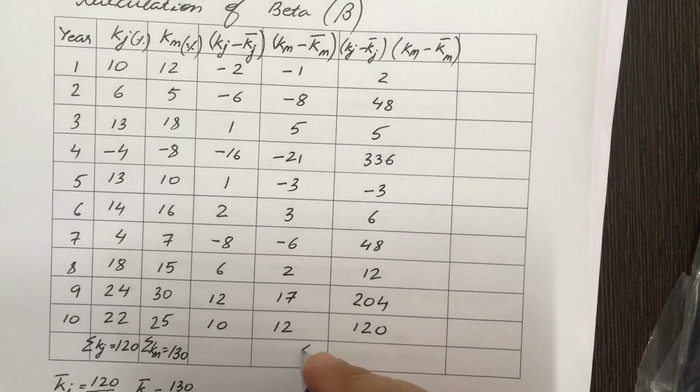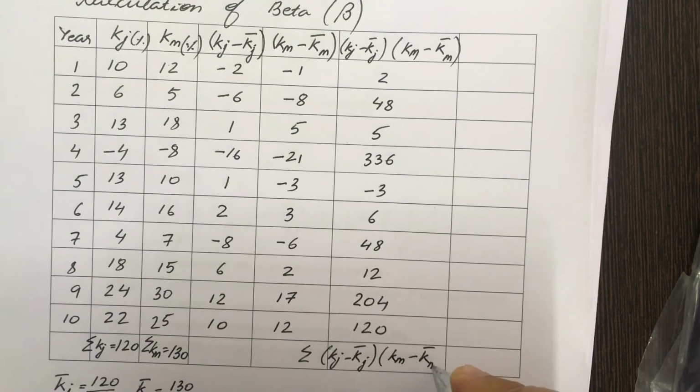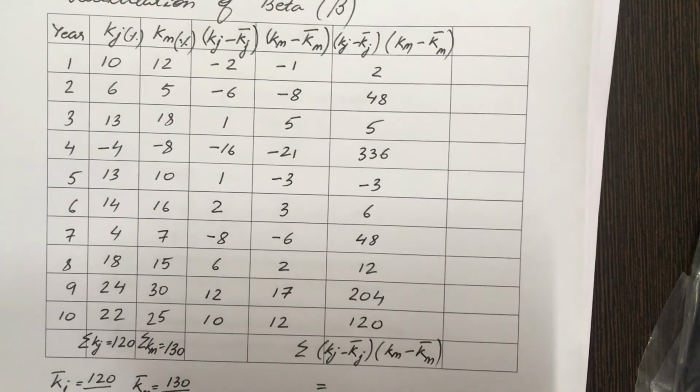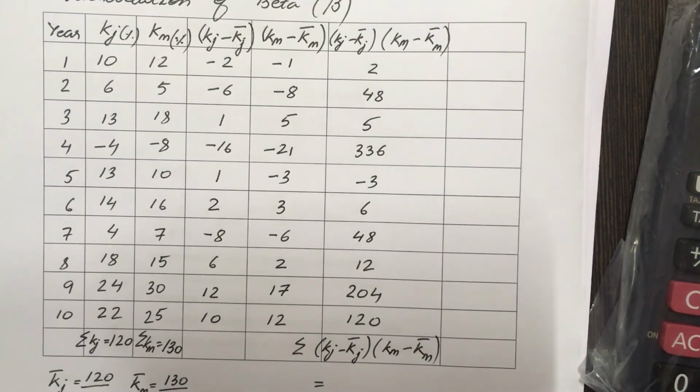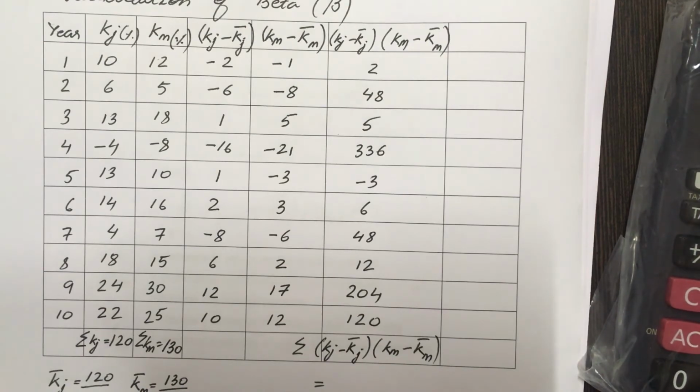All right, and take the sum of this also. So find out what is summation of kj minus k bar j into km minus k bar m, that is 778.